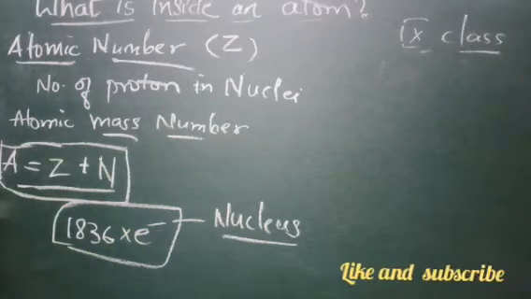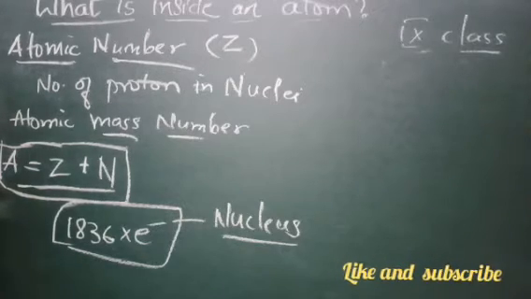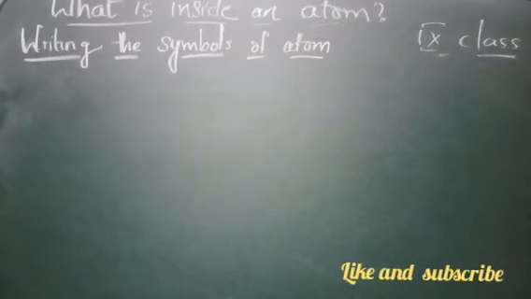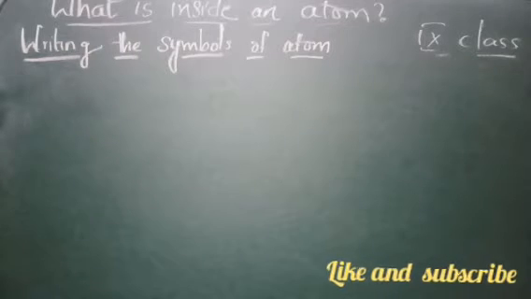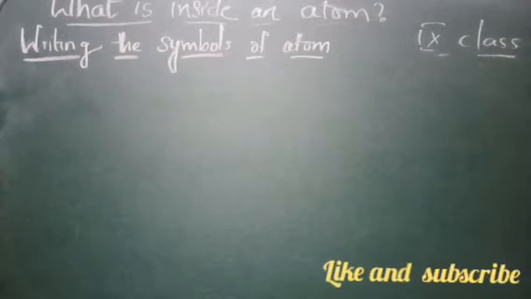Okay. So the next topic is writing the symbols of the atom. How are we going to write the symbols? In standard notation of an atom, the atomic number, the mass number and the symbol of the element are written.